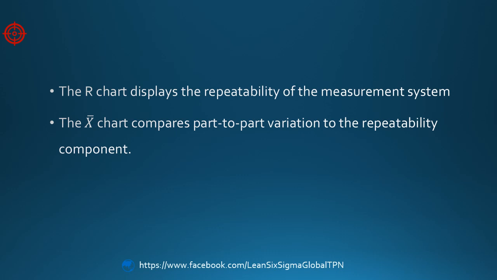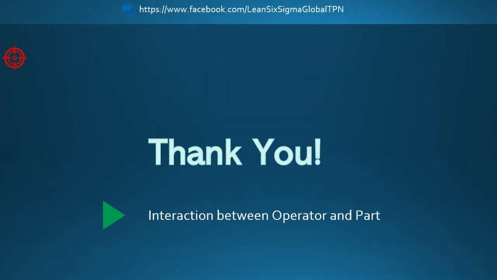So let's review. In this lesson, we used the R chart to analyze the repeatability of the measurement system. We used the Xbar chart to compare part-to-part variation to repeatability. And next, we'll use the operator by part interaction graph to look at reproducibility variation.